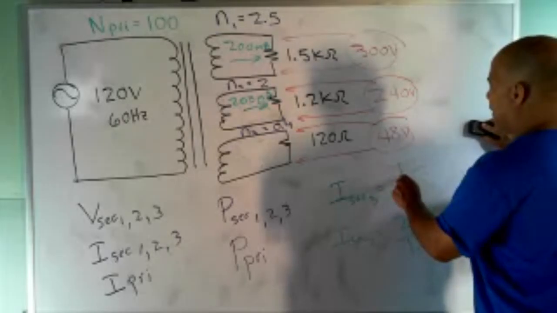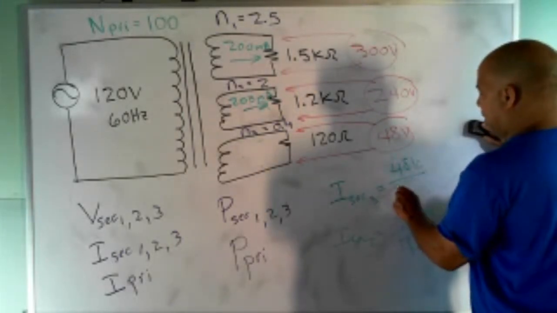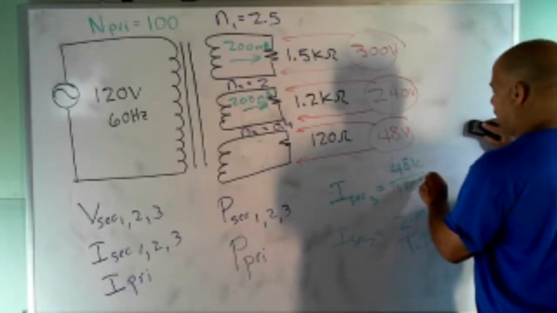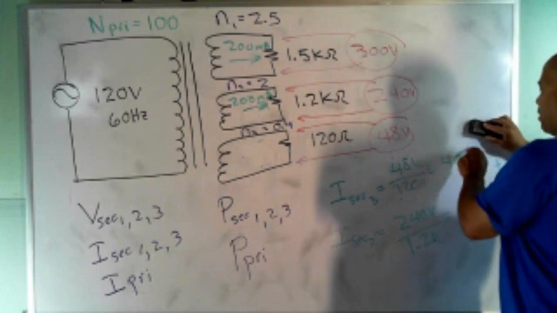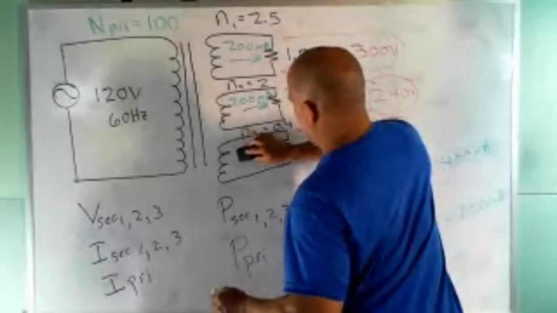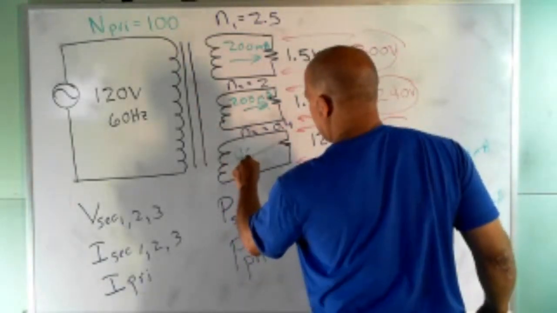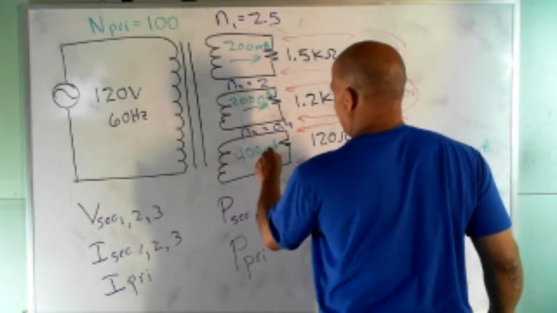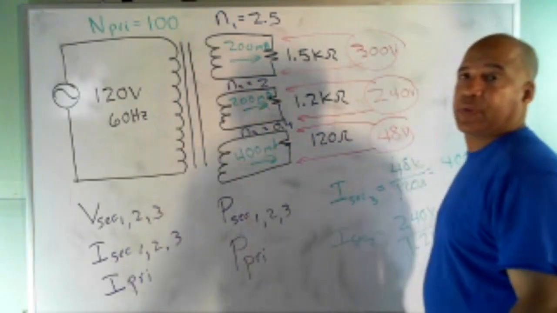We got 48 divided by 120. So you got 400 milliamps. Okay, 400 milliamps. So we got all our currents.